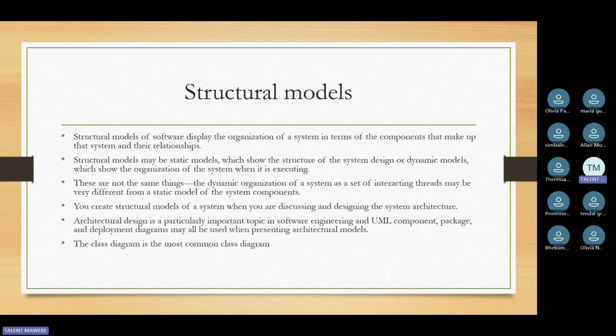Anyway, we're talking about structural models, and I was just about to say that these structural models are used to represent how a system is organized as a whole, in terms of the components that make up that system, and the relationship that exists between those different components. So structural models can be dynamic, they can be static.